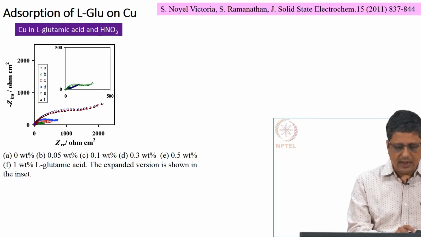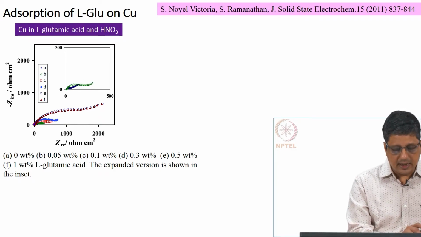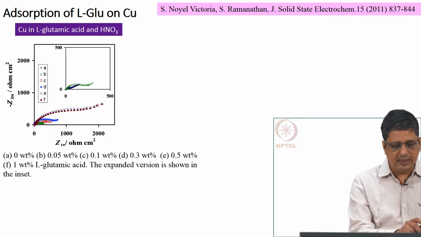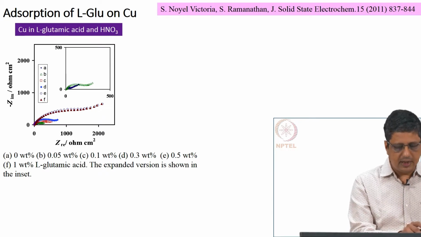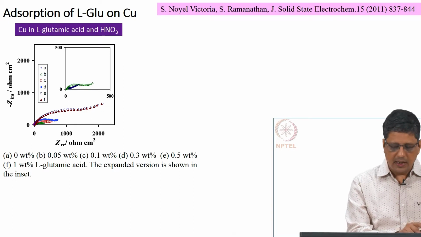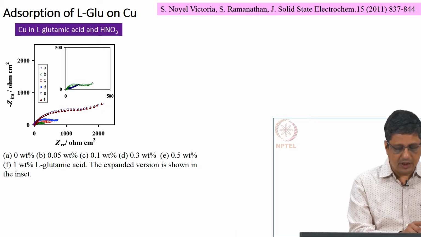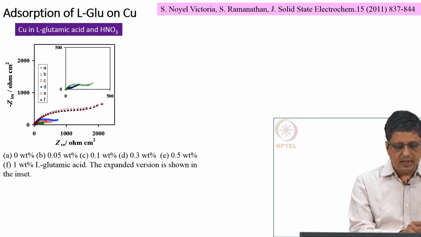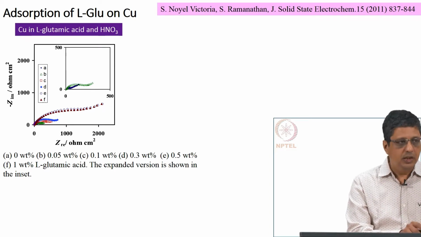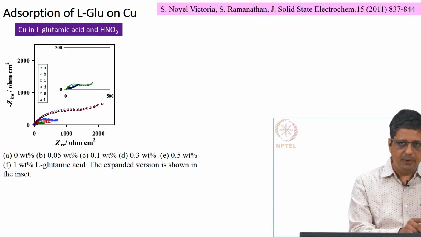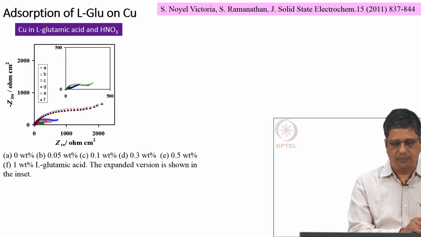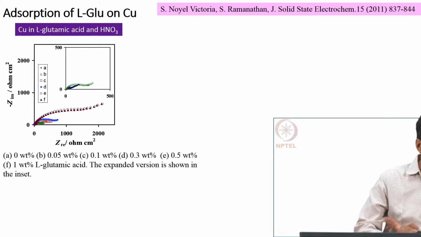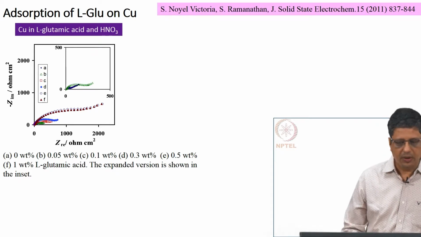Third one is for a little higher quantity, and that is the red color in the main figure, C. Fourth one is 0.3 weight percent, that is blue diamonds, D, and the fifth one is 0.5 weight percent, which is a blue open circle. Sixth one has a higher weight percentage, but the impedance spectrum is similar to what you see for the fifth one. Okay. So, this is the spectrum that is obtained.